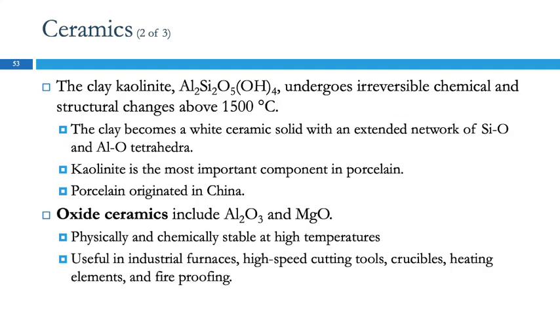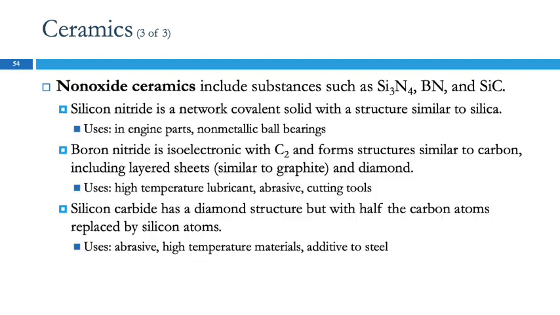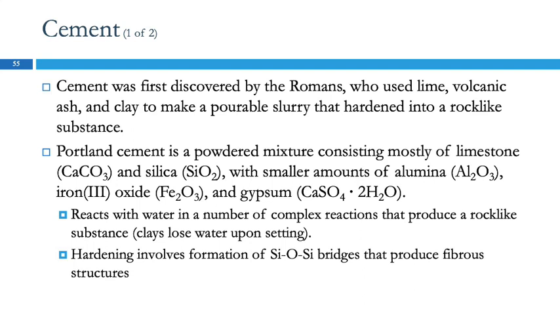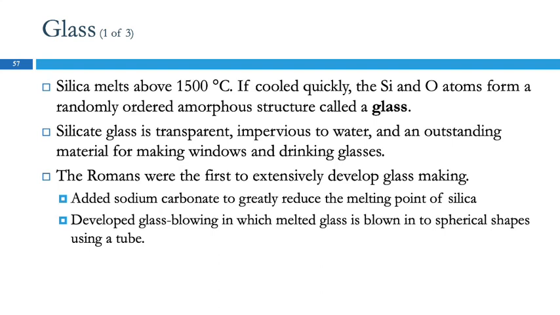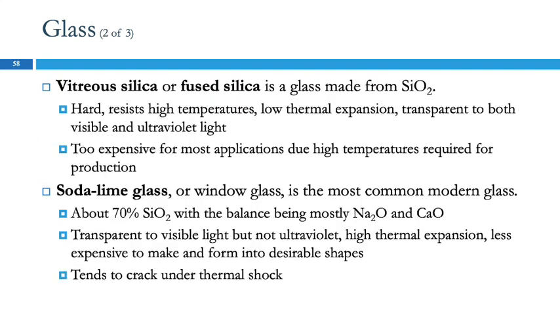And some of them have different elements in them, and that affects their properties. Cement and concrete. Glass. Glass is a form of silica, and there's a whole bunch of different kinds of glass with different properties.